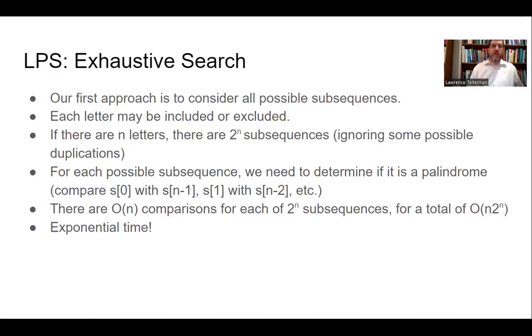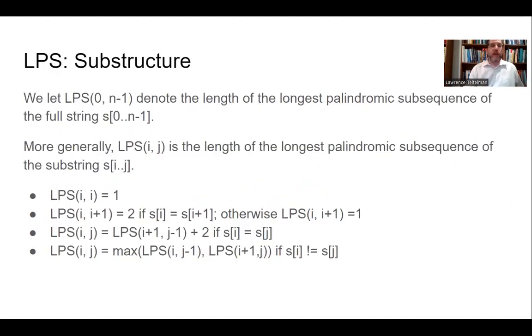So that's the 2 to the n. So I could take each of my 2 to the n subsequences, look at it, and see if it's a palindrome. That takes O of n time to determine if a string is a palindrome. So I get n times 2 to the n. And that is really bad, okay? That's worse than exponential.